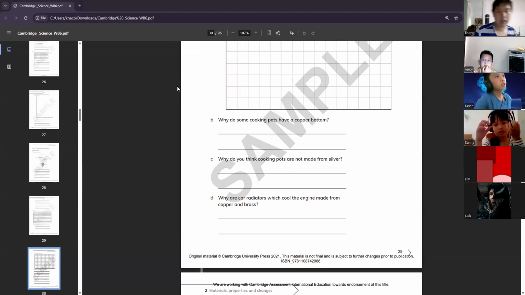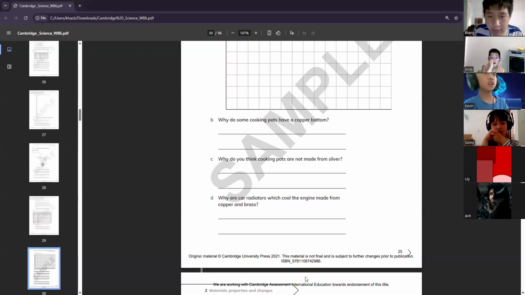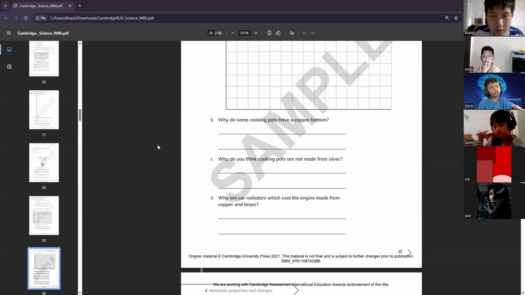I'm asking B. Why do some cooking pots have a copper bottom? Because copper is a great conductor, both an electricity conductor and a heat conductor. So the heat will pass through easily, and it will boil the water, and it is less expensive than silver.